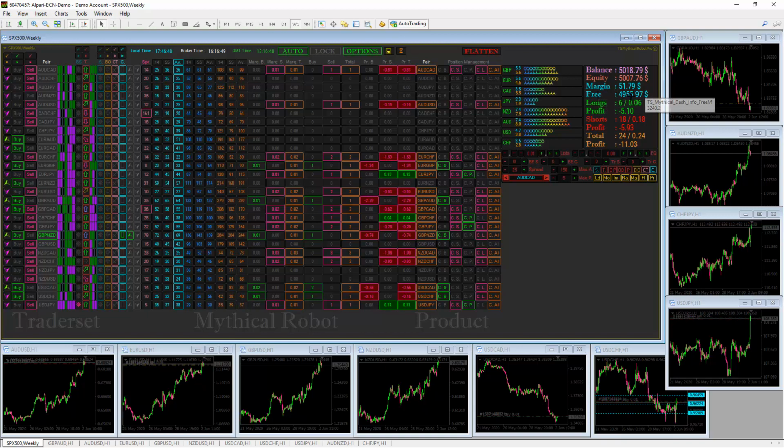That is our free margin, by the way. But equity is the free margin. Equity is balance plus or minus your profit. So it's minus 12. So 18 plus minus 12 equals 6 or 5. But your free margin is actually your balance minus the margin.